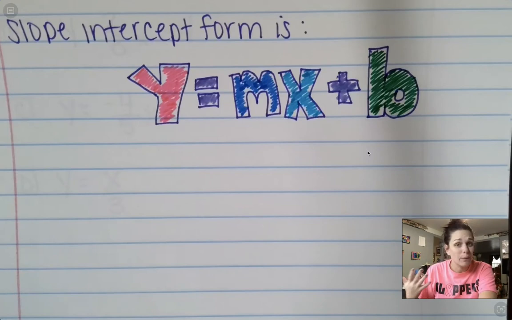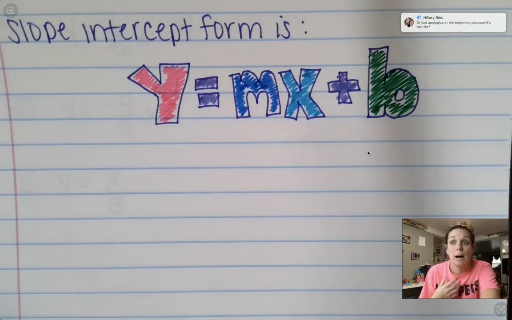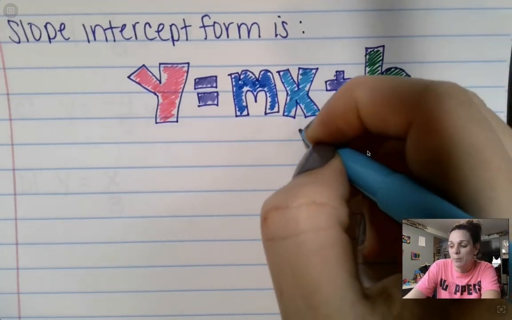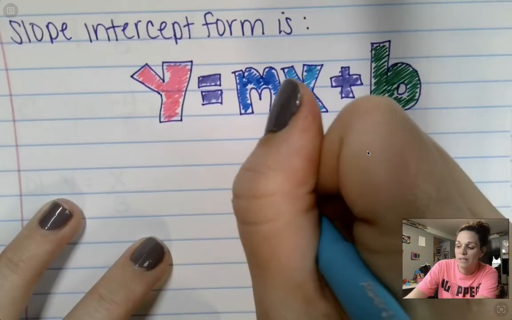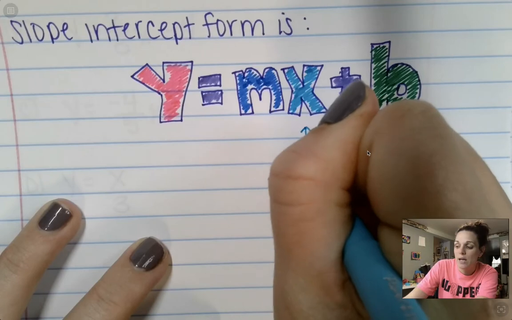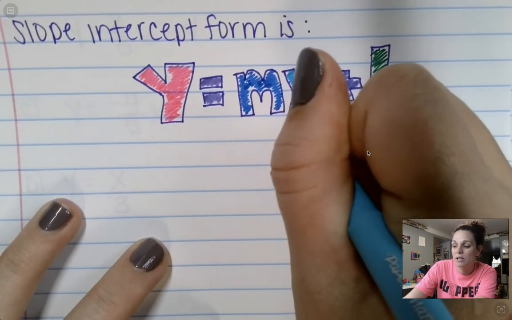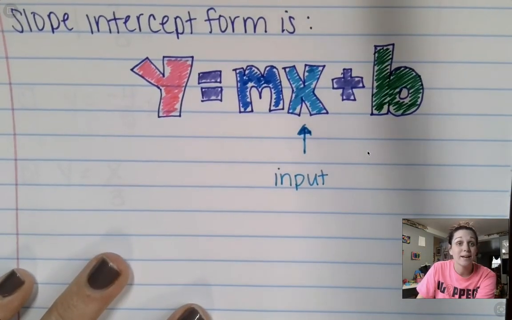Now let's focus on what each of these letters means. First, just like in proportional relationships and y equals kx, x represents the input. It represents the number that is going into the story. In our equation, x will always stay x.